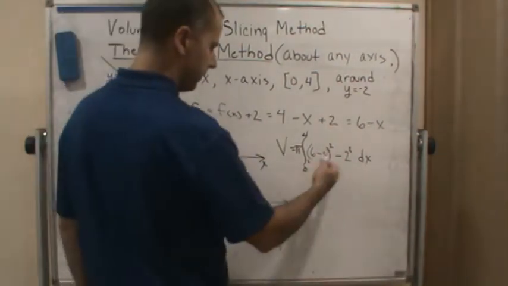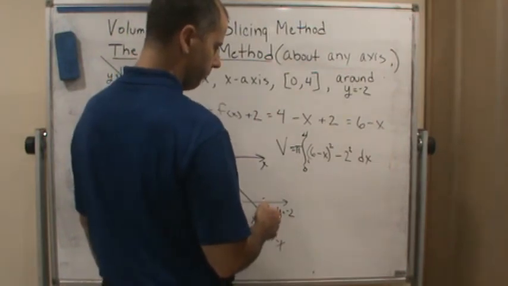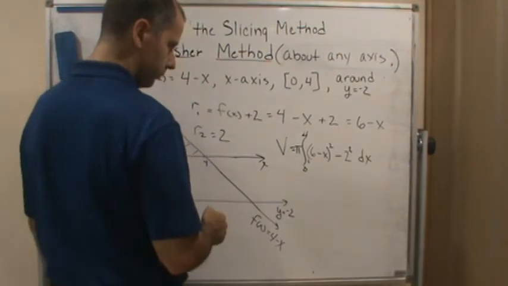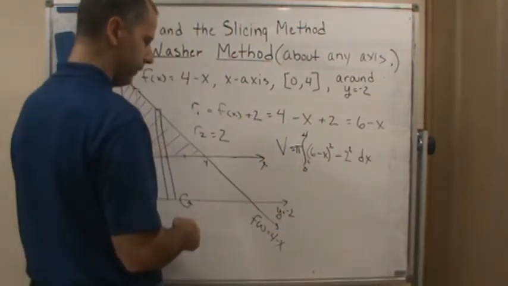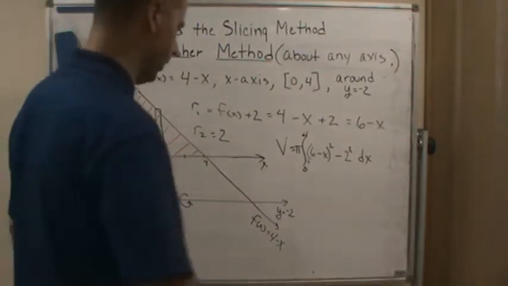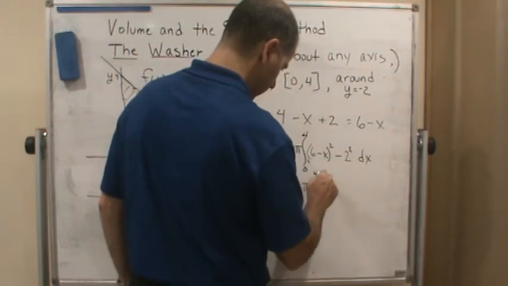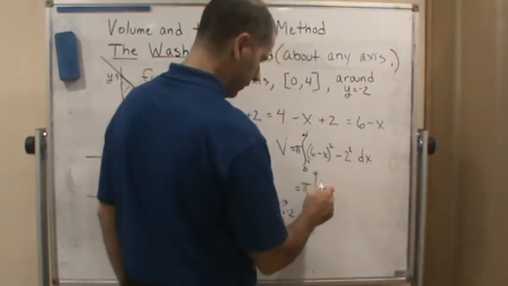Now if I simplify this, if you don't want to FOIL this out, you can integrate it using U substitution, piece by piece, or you could just factor it out. This is going to equal pi times the integral.